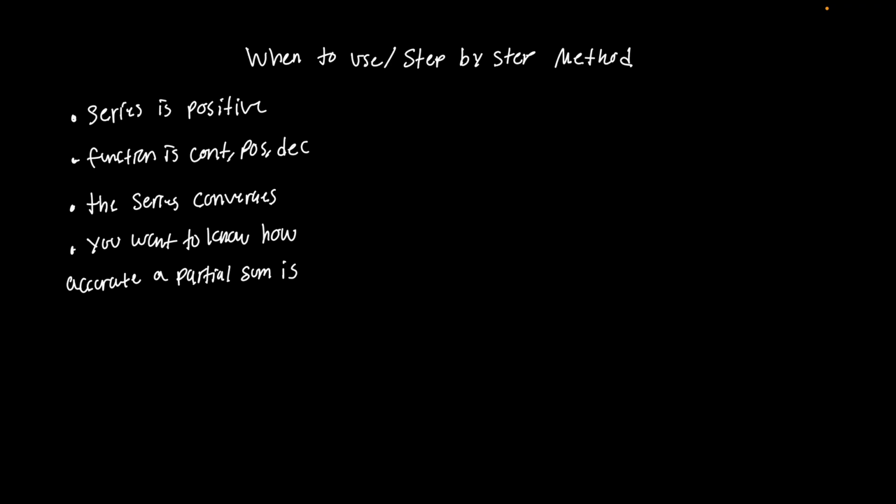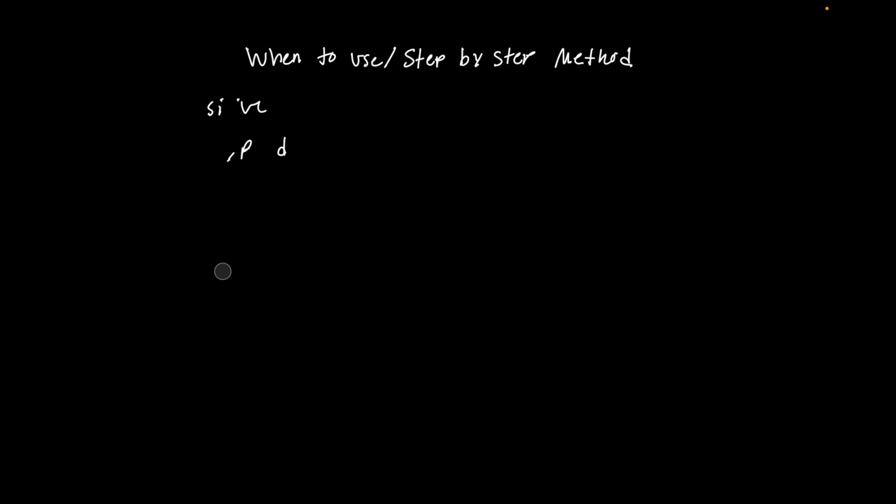Now we're going to go over the step by step. Here's your step by step how to estimate a sum. Step 1, you want to find the partial sum. Step 2, you want to write the error.